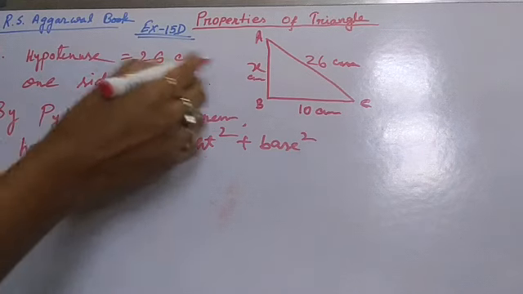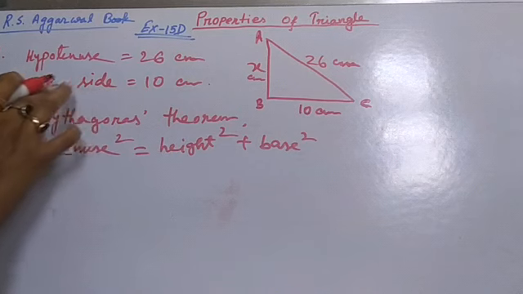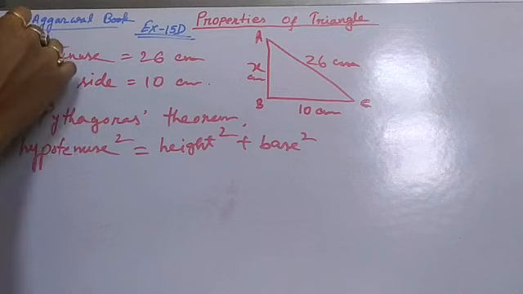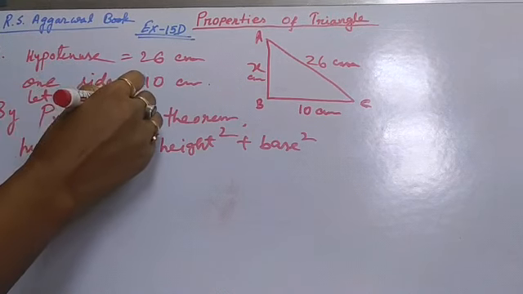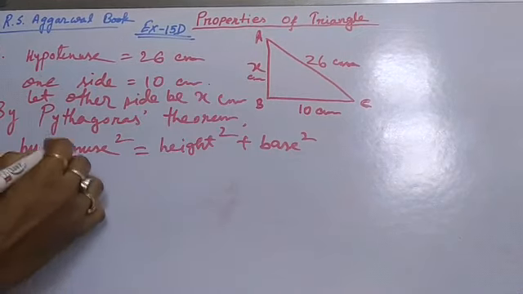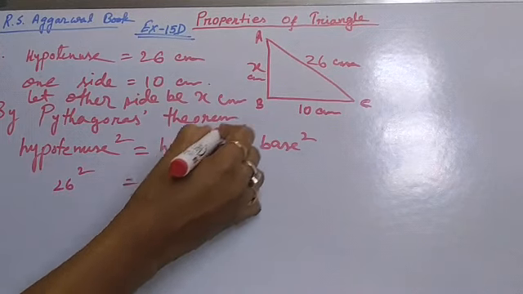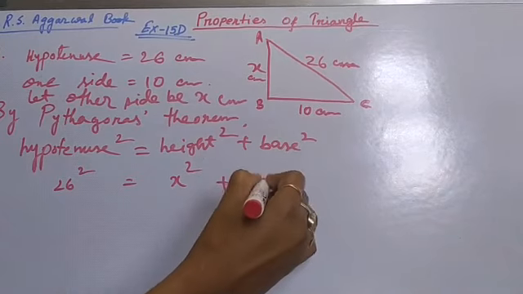So here we will put the value. Let the other side be x centimeter. So hypotenuse square equal to 26 square, height square, that is I have taken x square, plus 10 square.